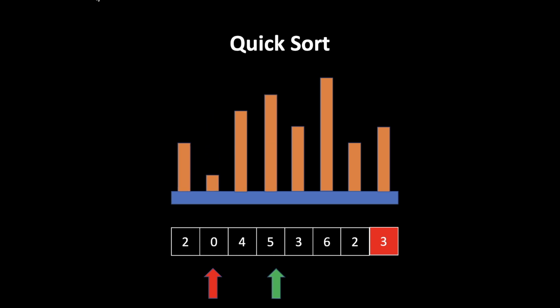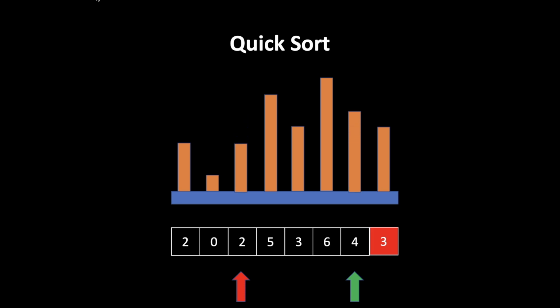Now we move the green pointer. 3 is not less than 3, so we will move on. 6 is also not less than 3, so we will move on. 2 is less than 3, so we will swap. So how will we do it? We will move the red by 1 position and then we will swap.